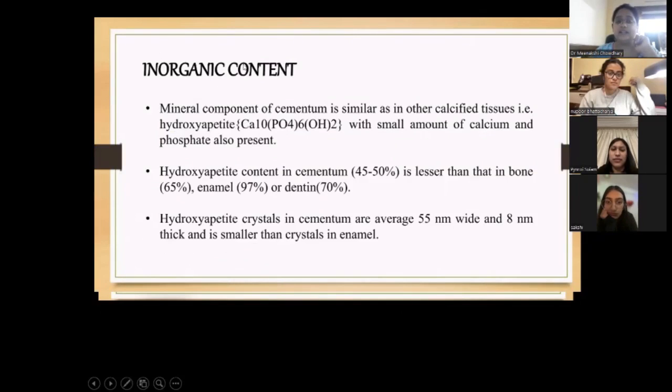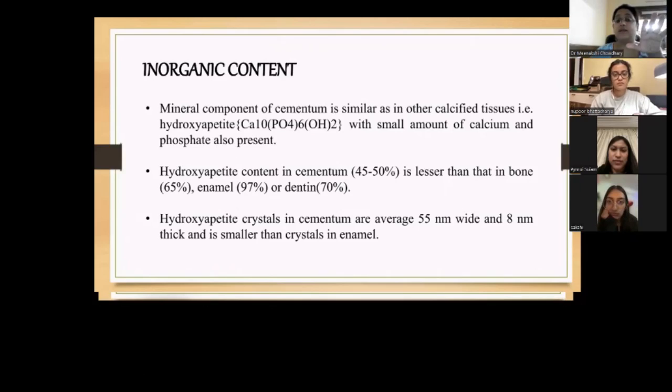The mineral component is definitely calcium phosphate hydroxyapatite crystals, since we are talking about teeth. But there is also a small amount of calcium and phosphate present in labile form.